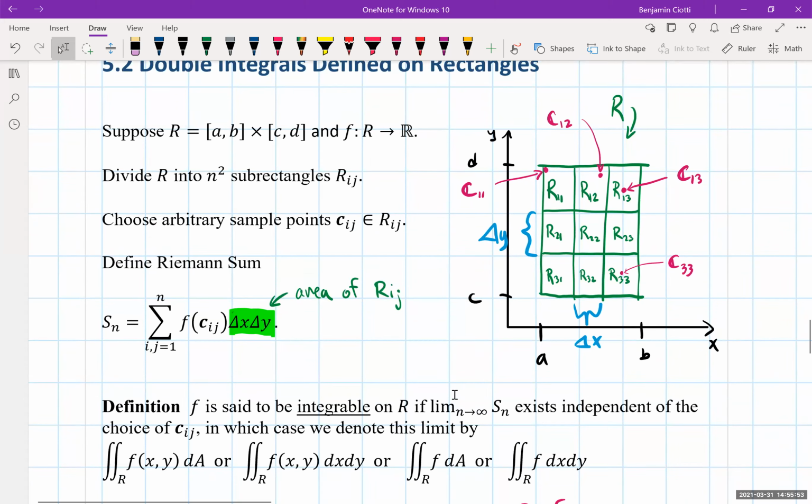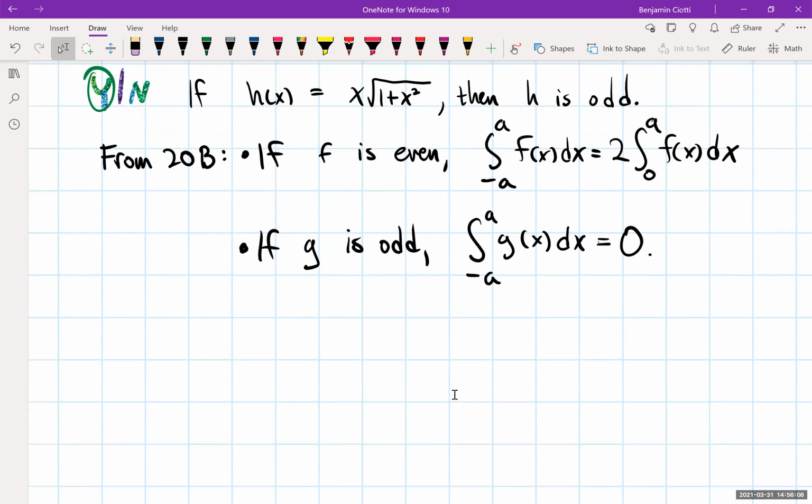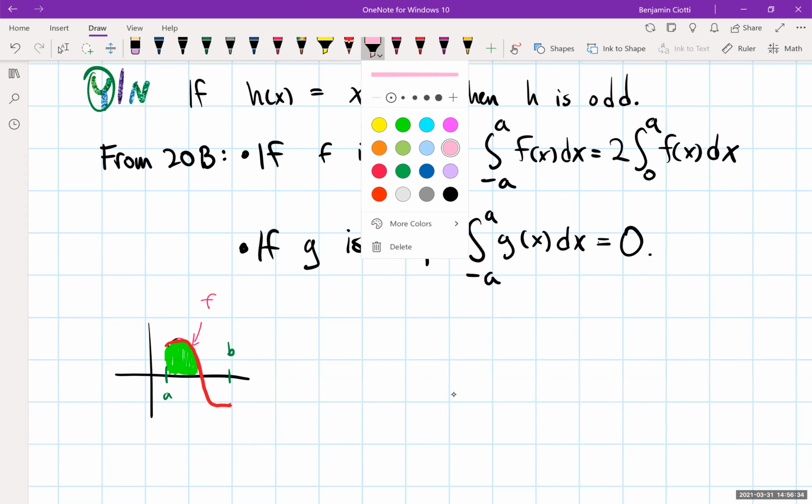If I still wanted to talk about volume, I would have to call it the signed volume instead of volume. This is analogous to what you did in 20B, where if you had a function that's both positive and negative, and you integrate it from A to B, then what you get is the signed area. This area is normal positive area, but the one beneath the x-axis would be subtracted instead of added.